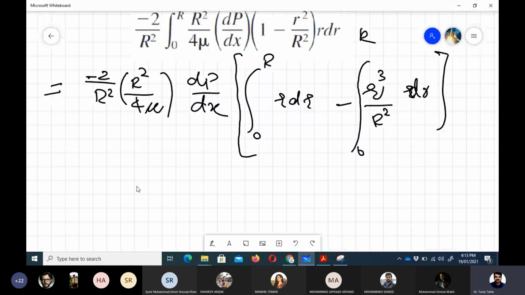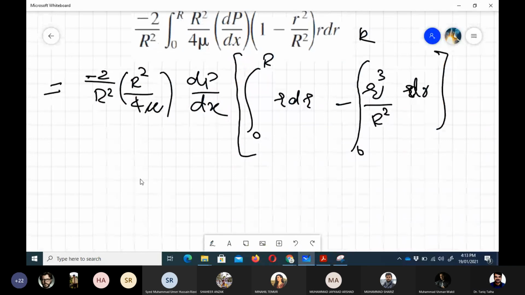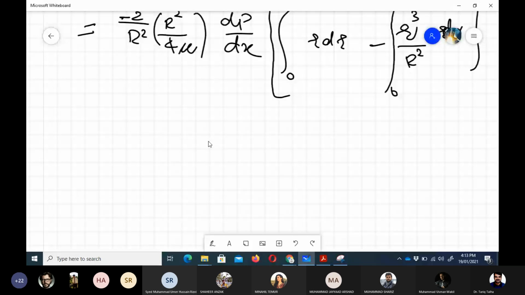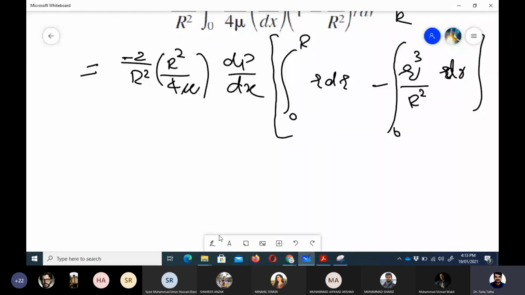Here we see that r square would be cancelled out with this 2. So it would be minus 1 upon 2 mu dp by dx.